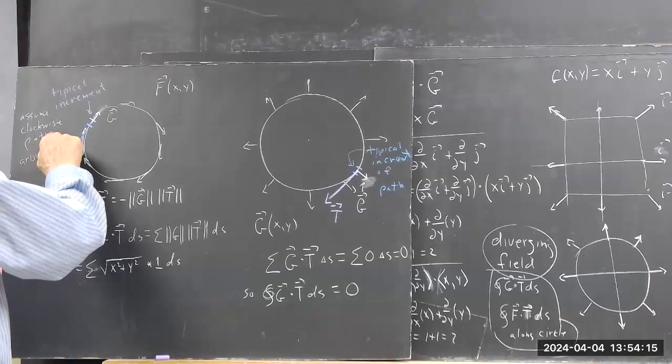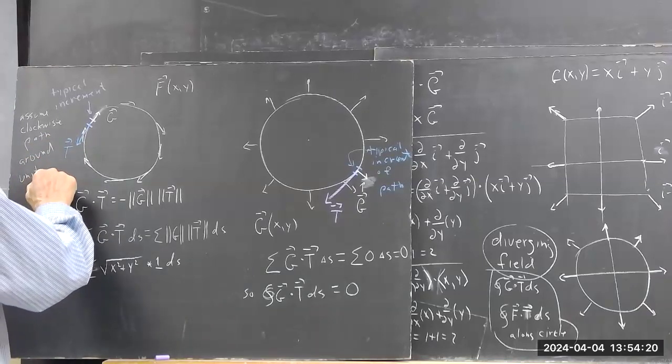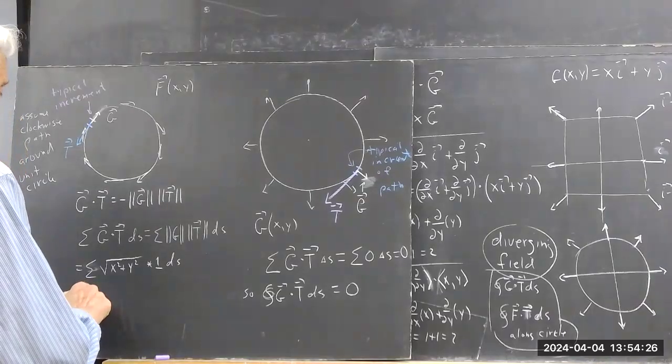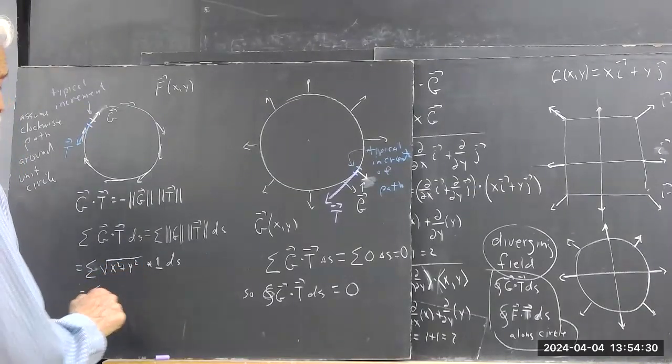Now, I haven't stated that this is a unit circle, although it was before. Let's state it so we can assume this is a unit circle. On the unit circle, the square root of x squared plus y squared is always 1.